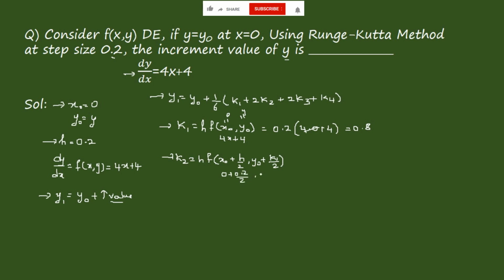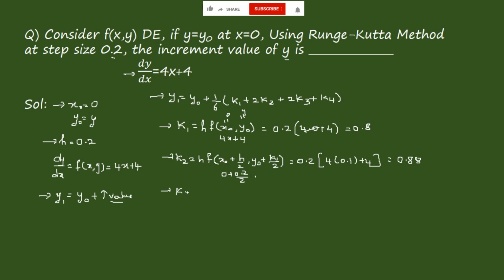And y naught plus k1 by 2, but the y value is not there in the function, so we consider only the x values. So it becomes 0.2 into (4 into 0.1 plus 4), which is equal to 0.88.